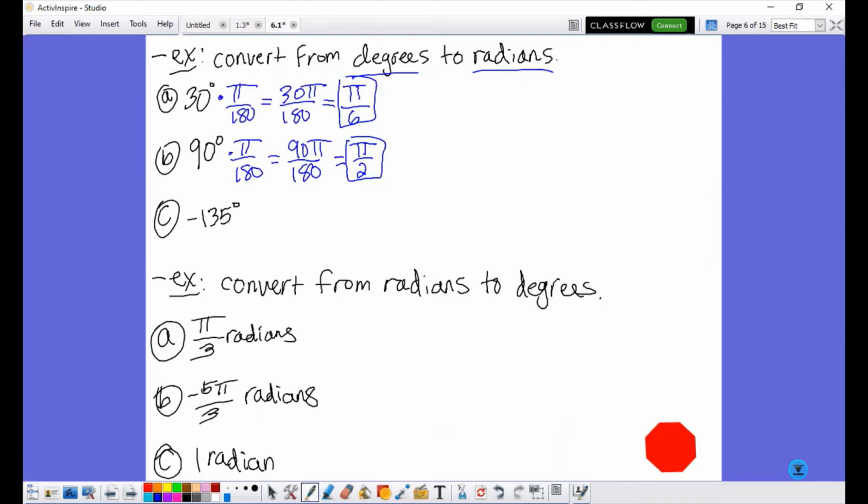For this next question, although it is a negative, we are going to do the same exact thing. We are still going to multiply by pi over 180, and we'll just work that negative in at the very end of our answer.